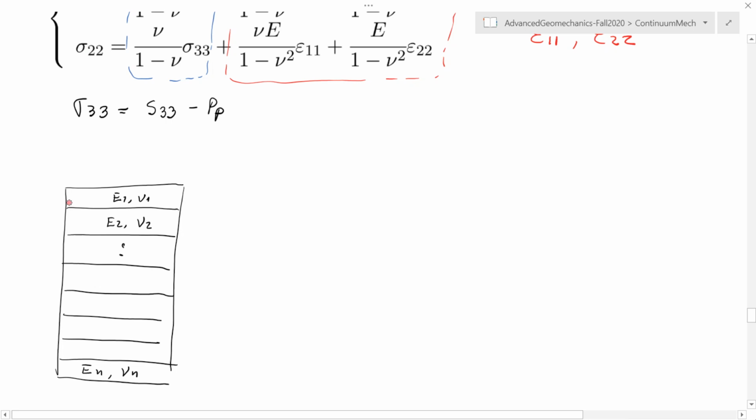What is usually done is to assume that that tectonic strain or deformation is the same in all layers.